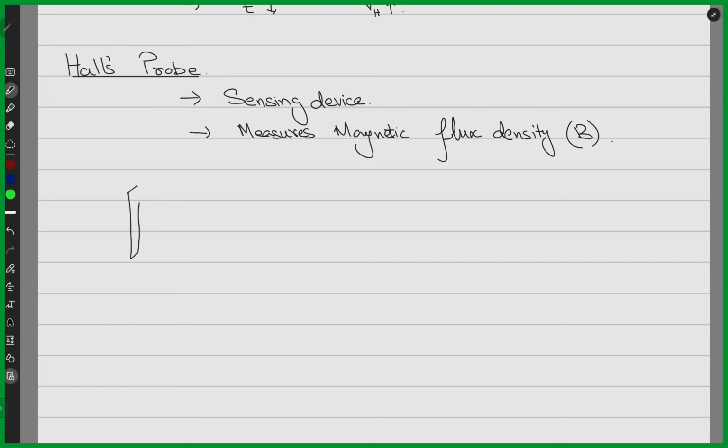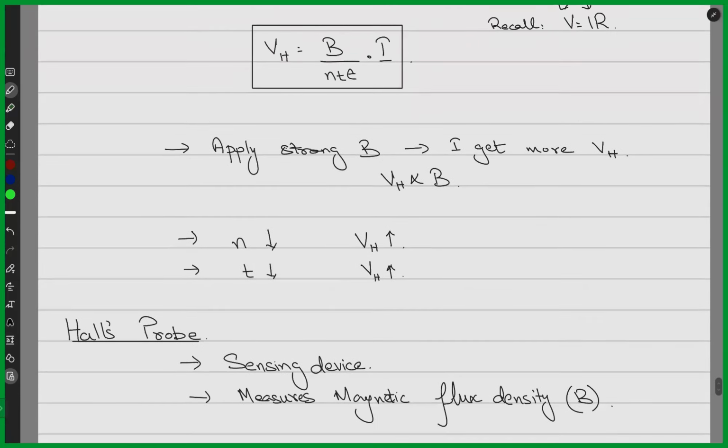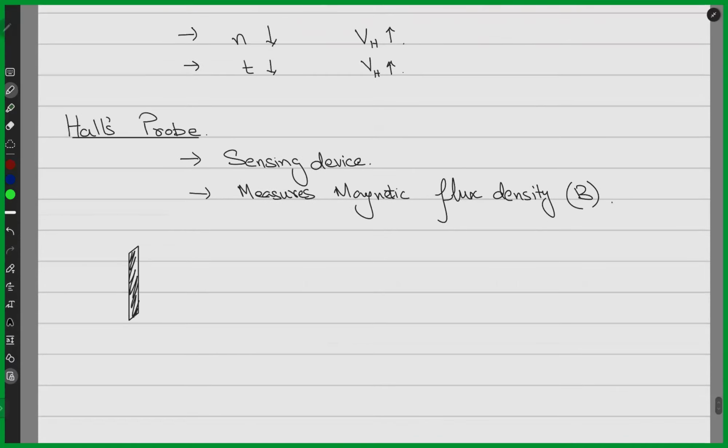is made of a very thin sheet of material. Again, why is it made up of a thin sheet? The reasoning is coming again from this equation that we saw over here. To get any measurable Hall's voltage induced in the conductor, you require a small thickness, which means a thin slice, right? So a Hall's probe is usually made up of a thin slice of a conductor.